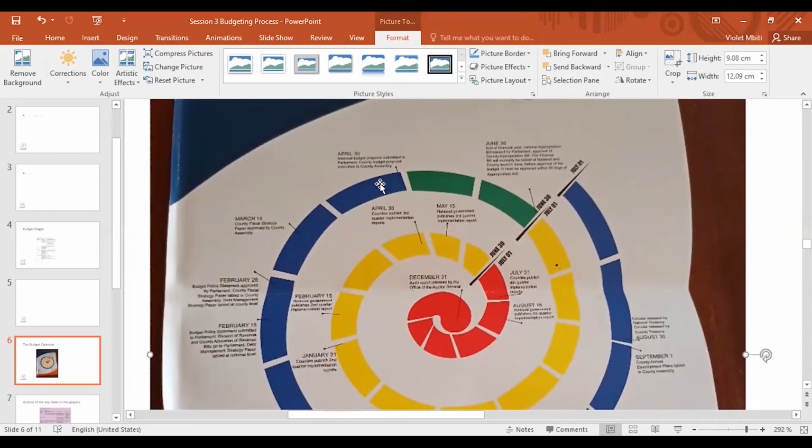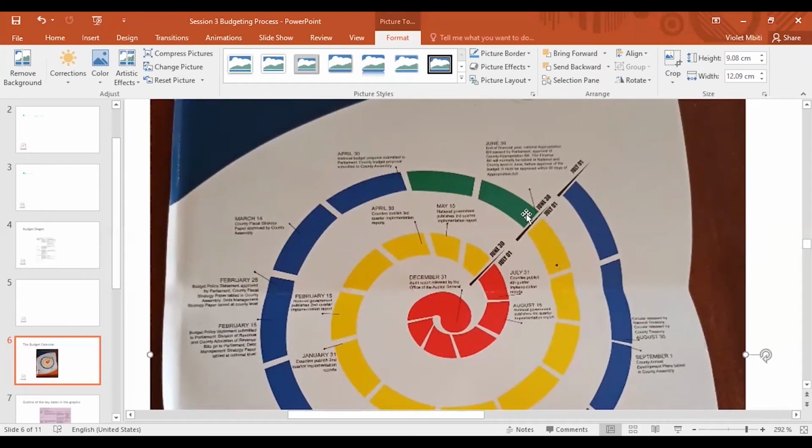And then April 30th. This is where the budget proposal is submitted at the county assembly. After it has been submitted by April 30th, there are deliberations, and this is where the county assembly and the National Assembly debate on it, whether to review or amend whatever was proposed. So this is where you find the approval, okay?